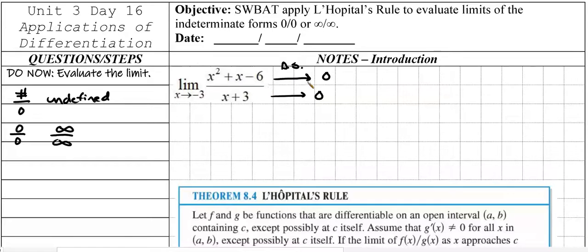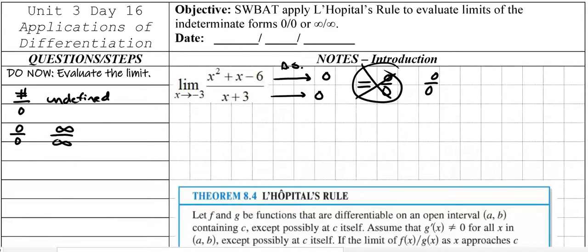Now notice, I'm not saying that this is equal to 0 over 0. You cannot put that on an AP exam, otherwise you may lose some credit. So instead, what I'm saying is that if I substitute, the numerator will become 0, and so will the denominator. And we know that that is an indeterminate. So I can write 0 over 0 without equals, and that's okay.